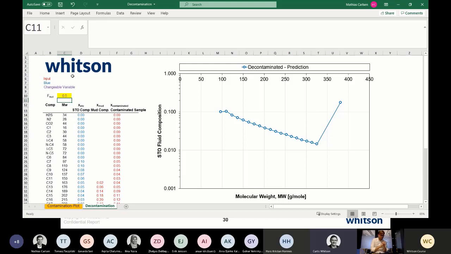Yeah, I think the laboratories use this graphical method, essentially what we're looking at here, with the assumption of an exponential or semi-log straight line trend, basically trying to get the points with the components with oil-based mud content to fall on the straight line. I think that's what the laboratories are using in general.